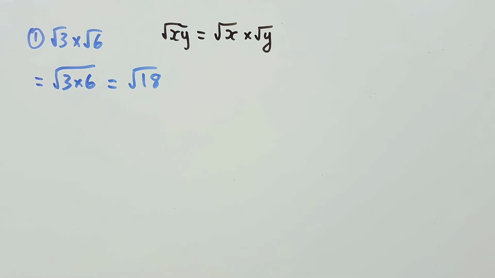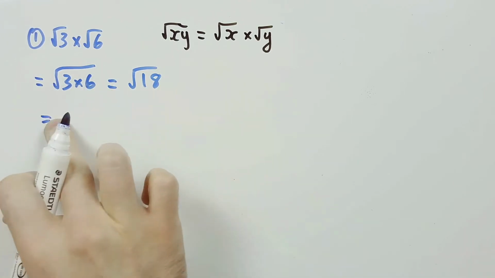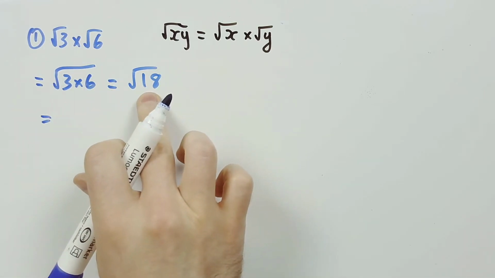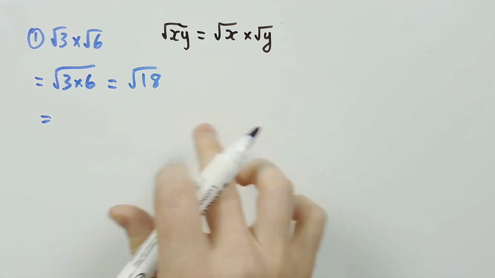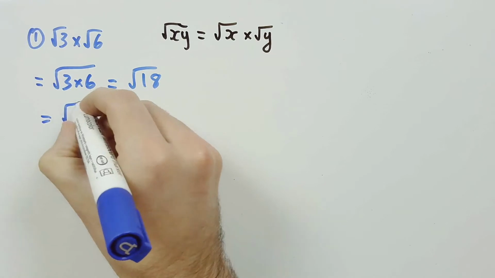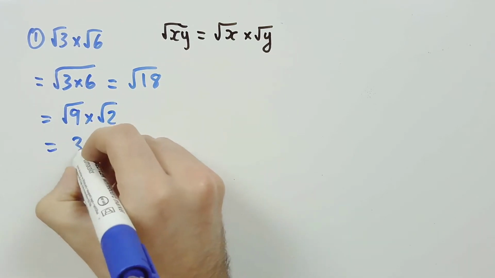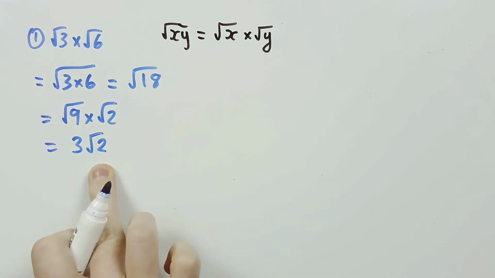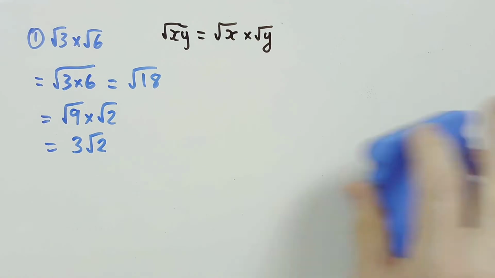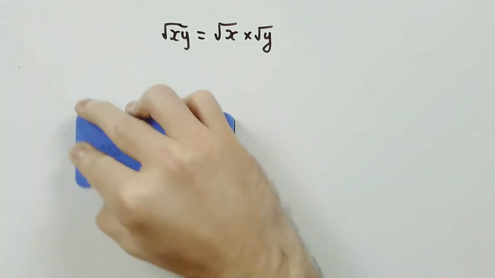So you want to look at 1 squared, 2 squared, 3 squared, 4 squared, etc. Going through those numbers, 18 breaks down into 9 times 2. And of course, root 9 can be represented as 3. So in this case, we're left with 3 root 2. And that's our solution for that one.